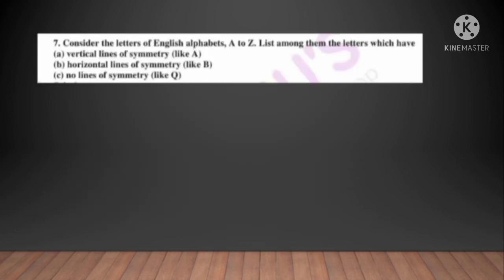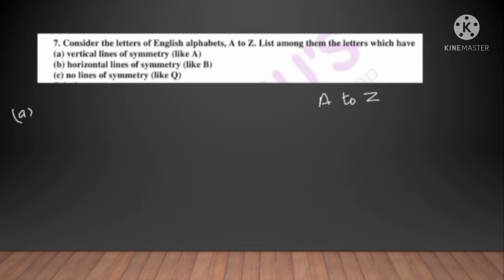Next, 7th question. Consider the letters of the English alphabet A to Z. List among them the letters which have a vertical line of symmetry like A, horizontal line of symmetry like B, no lines of symmetry. So we have the English alphabets from A to Z, isn't it? In this A to Z, which alphabets have a vertical line of symmetry?